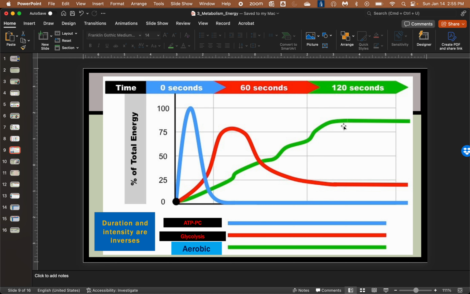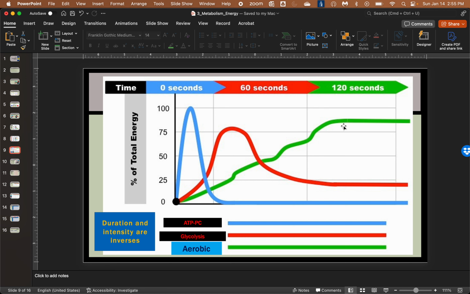Okay, so one thing to keep in mind when we're thinking about energy systems, because some of this stuff can be confusing, it's quite a bit of information. If you're thinking about, okay, are we anaerobic or are we aerobic? Which system is it? Think about this very simple concept. How long you're exercising for is directly inverted with the energy system and the intensity that you're exercising.